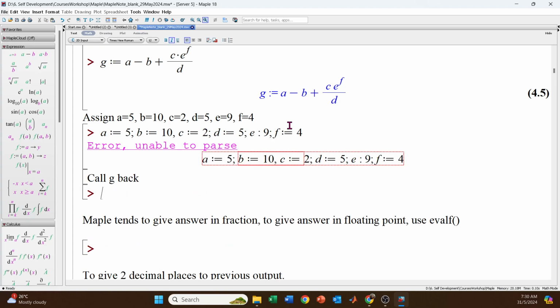This colon equal. A is 5, B is 10 here. Must be semicolon.